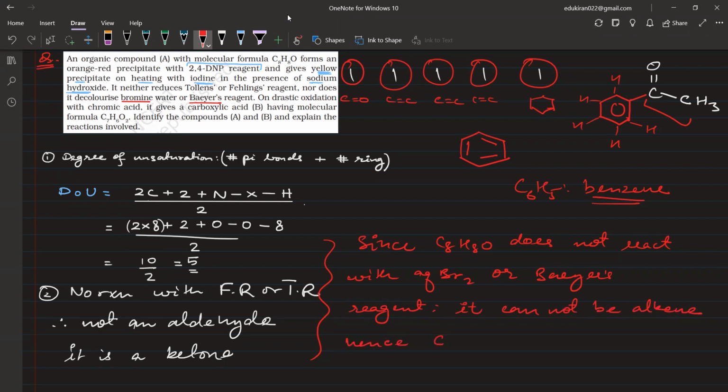Hence, the remaining C6H5 is benzene, rather a phenyl group.